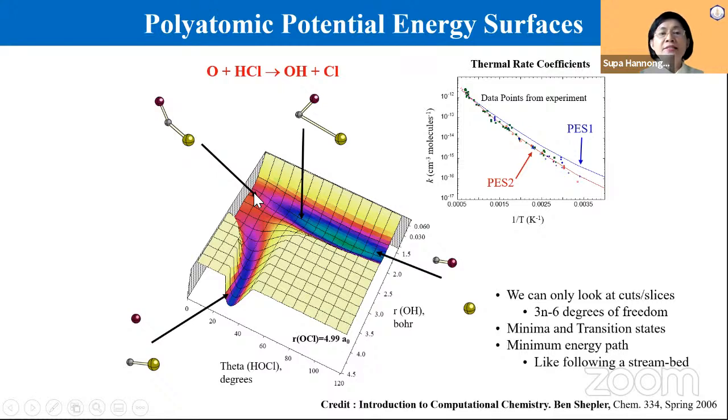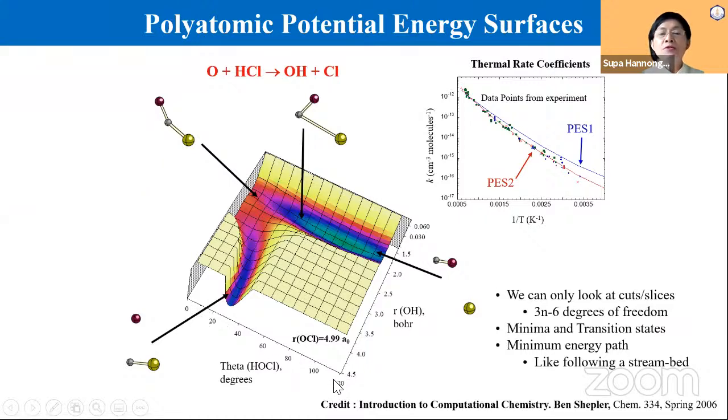The first one is that it can come in this direction and separate the oxygen, and then you can have HCl. Another one is that you can have this direction, right? The reaction coordinate occurs, and from the calculations we plot theta, which is the angle between HO and Cl. This is the angle.